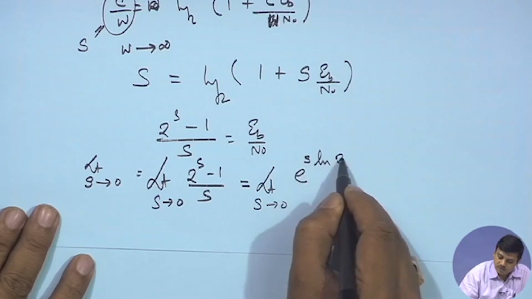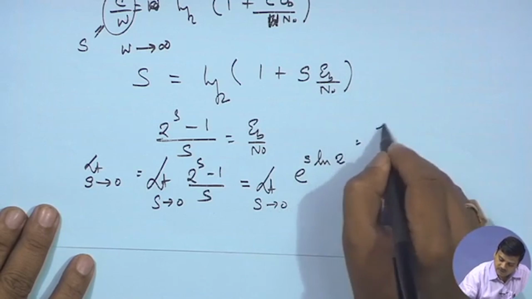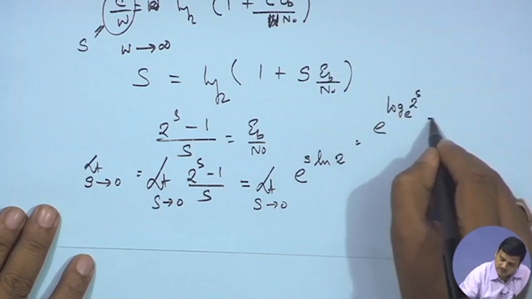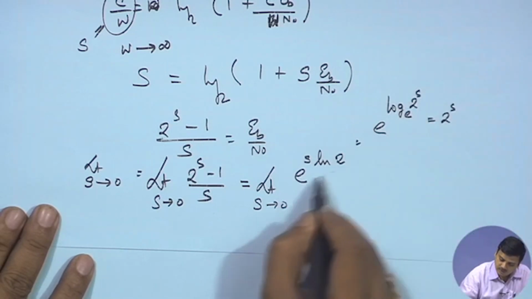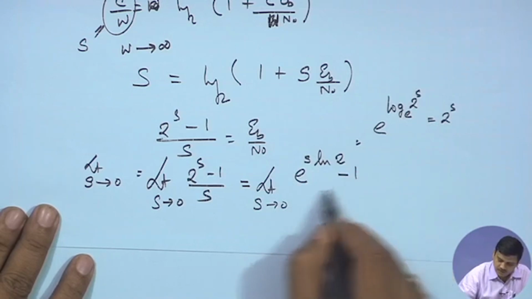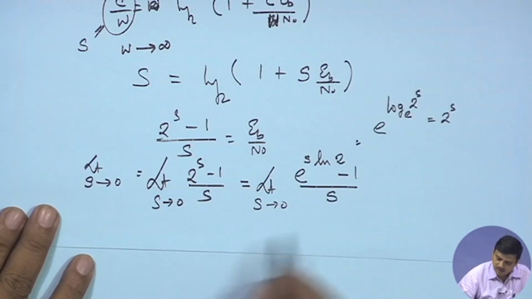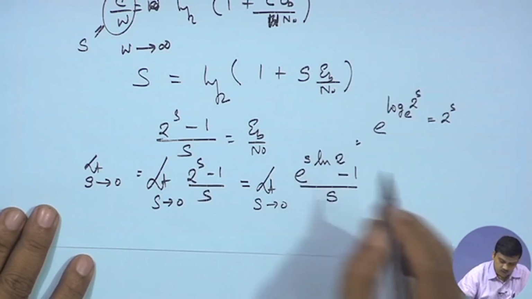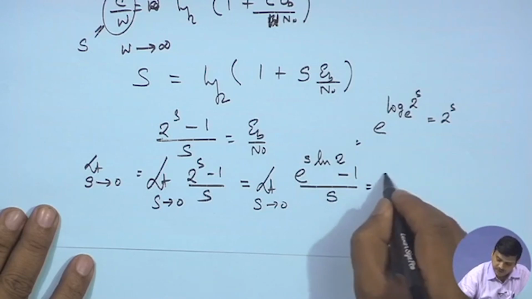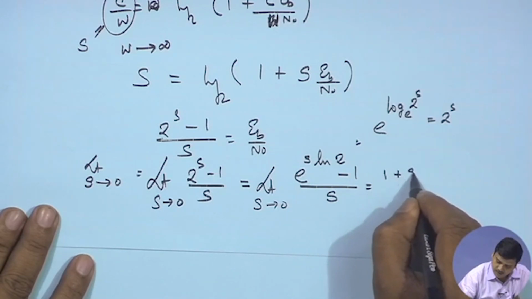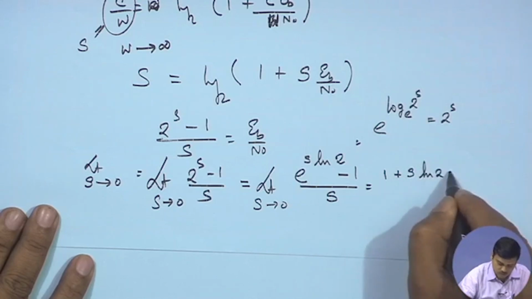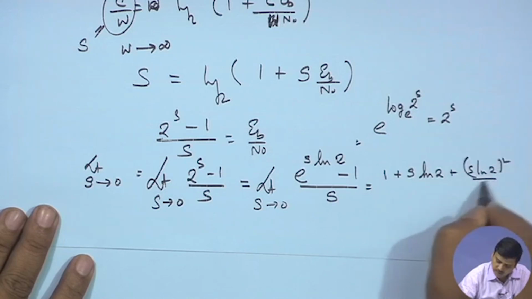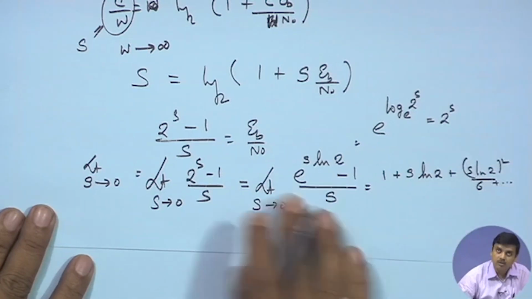This effectively means e to the power of log base e of 2 to the power of S, which is simply 2 to the power of S. So, 2 to the power of S we are replacing by this term, minus 1 upon S. Then we could expand e to the power of S ln 2, and that would be 1 plus S ln 2 plus (S ln 2) squared by 2 factorial, or 6 as stated, and so on.